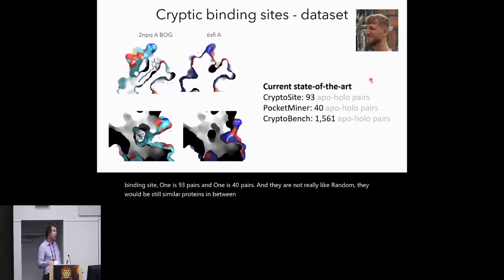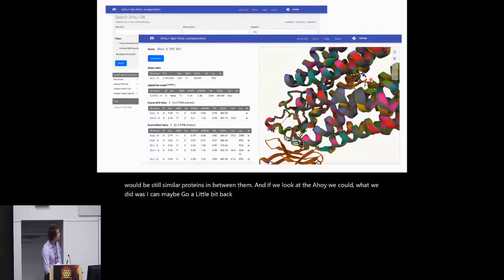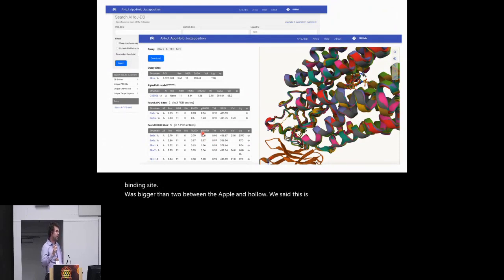And what we did was, if the PRMSD, which is the RMSD of the binding site, was bigger than 2 between the apo and holo, we said this is quite a big difference in the binding site.